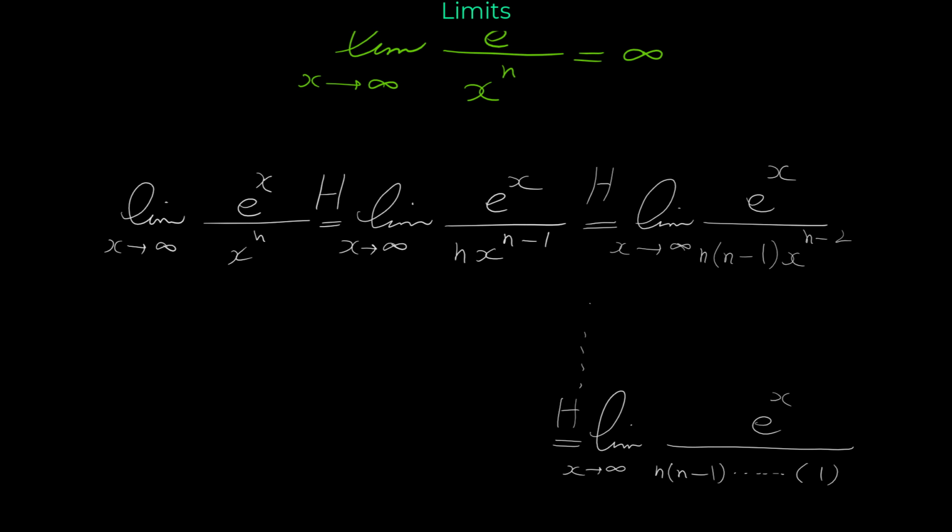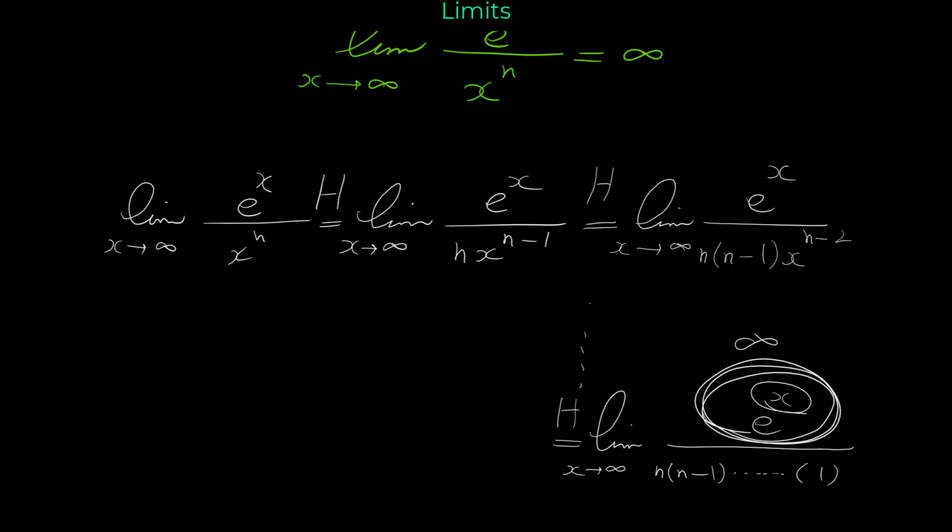Now here we cannot apply L'Hopital's rule anymore, because as x goes to infinity, the numerator approaches infinity, since e to the infinity is infinity. But in the denominator we don't have any x, it's only n, and n is a constant. Remember, for example, n is 3, n is 5.